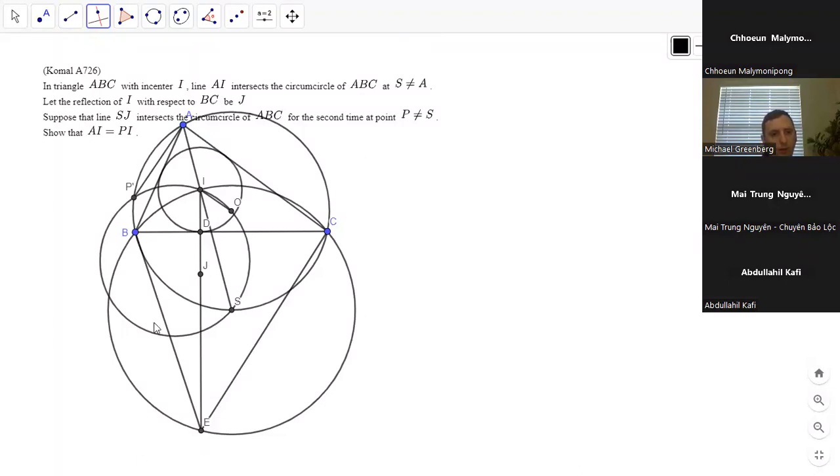So we have a triangle. Maybe we can think about it in terms of triangle ABC. So S is the center of that circle. J is the orthocenter. So we want to show the center, the orthocenter, and some other point are collinear.